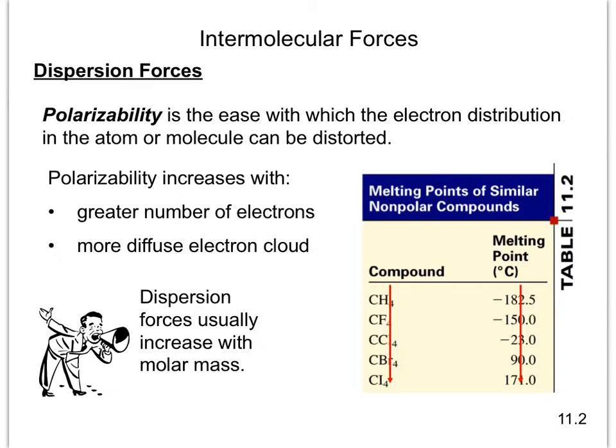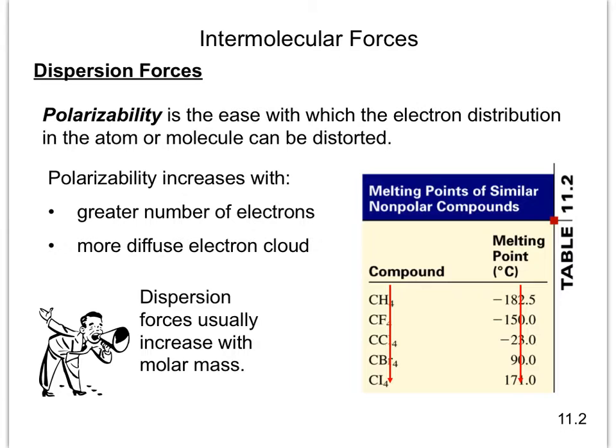So if you think about the way that dispersion forces are caused just because electrons are moving around, we can think of how frequently it will happen as how polarizable the molecule is, so how easily that situation can happen. Generally, the more electrons, the more diffuse and the bigger the electron cloud and the more spread out it is, the more possibilities there are for this sort of alignment to happen.